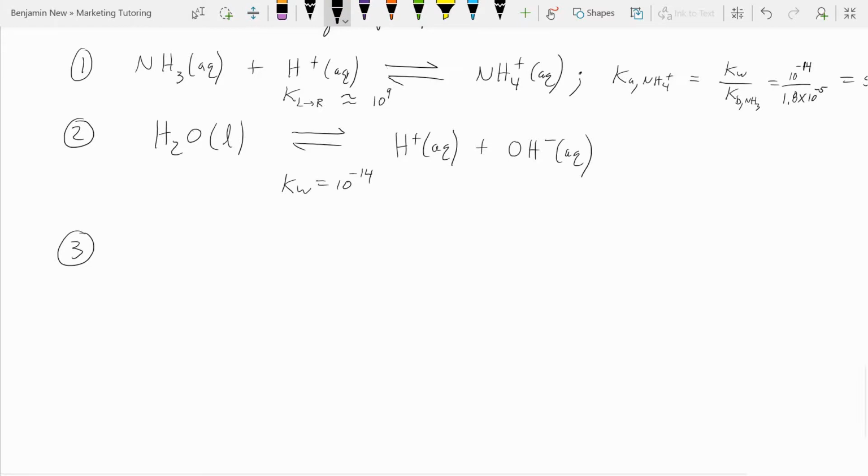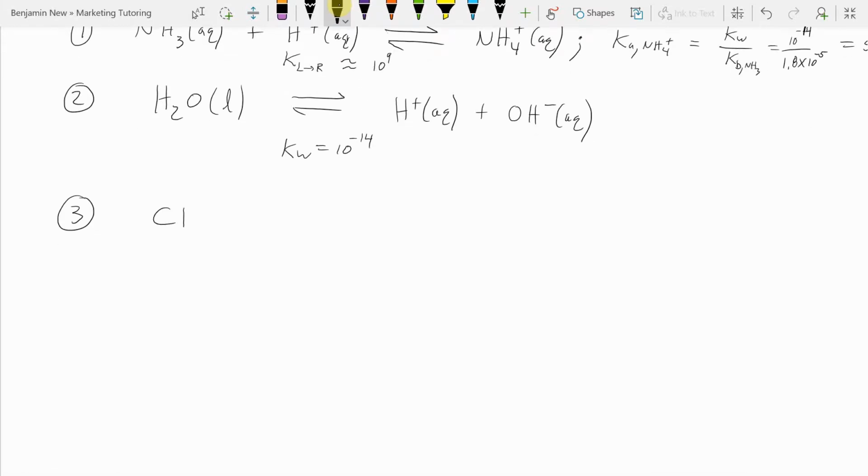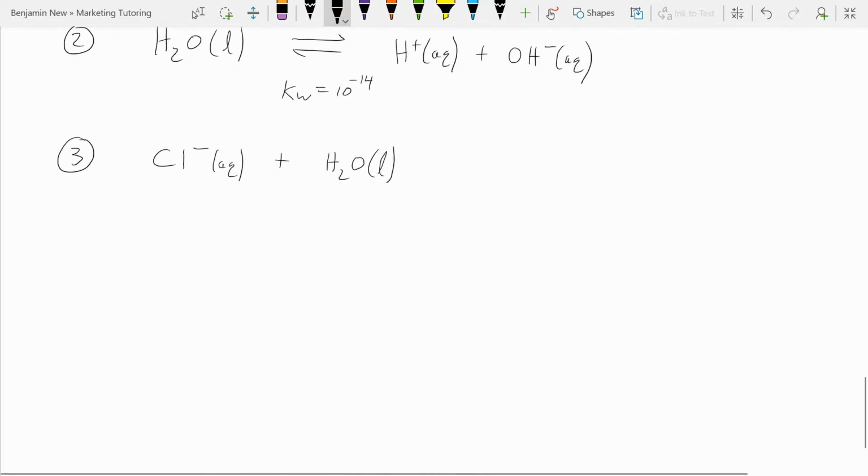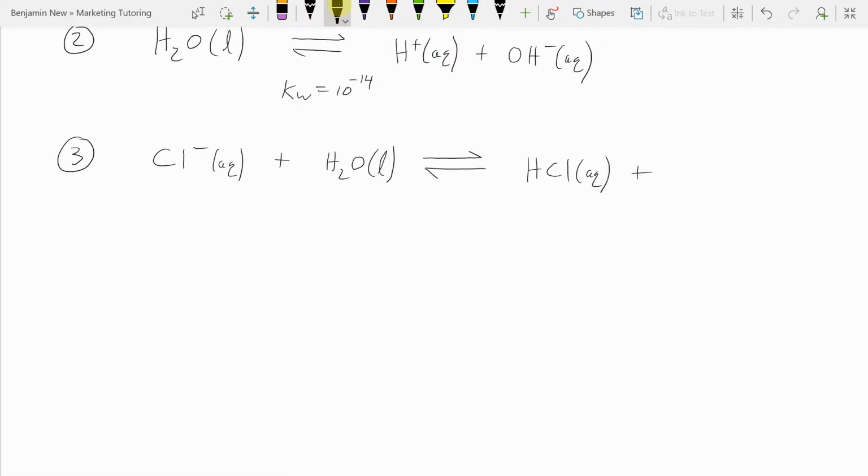And number 3 is when chloride ion, since that's the conjugate base of HCl, we add that to water. Since that's the last major species, this is the last reaction that's going to be considered. And this is going to give HCl aqueous plus OH minus.